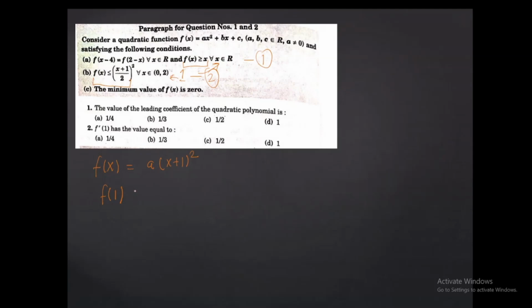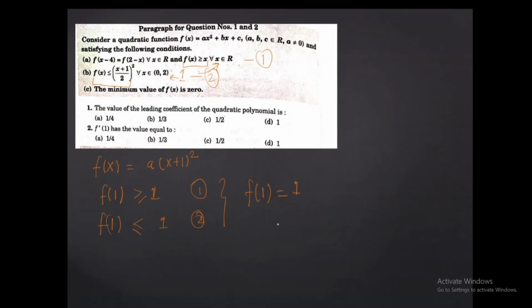From condition number 1 we can say that f of 1 is greater than or equal to 1, and from condition number 2 we can say that it is less than or equal to how much? It will be (1 plus 1) squared by 2, all squared, which is 1. So you can see that f of 1 is greater than or equal to 1, and it is also less than or equal to 1. From here we can conclude that f of 1 will be 1. Okay.